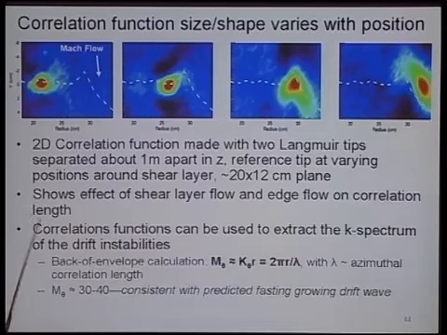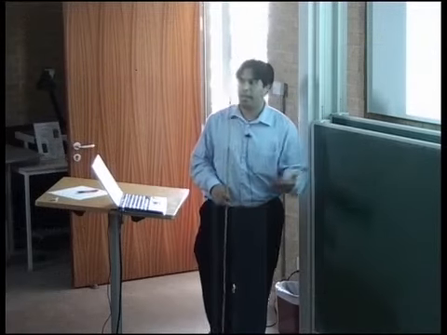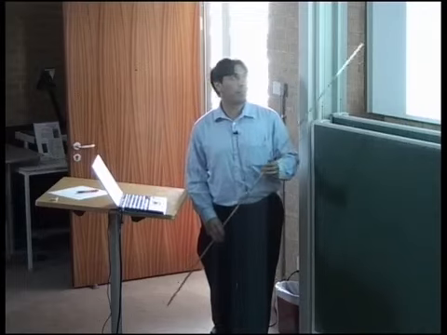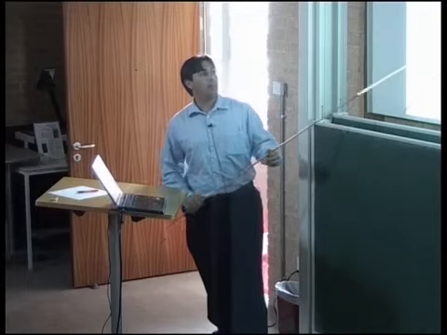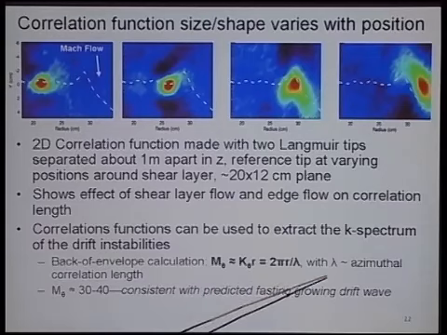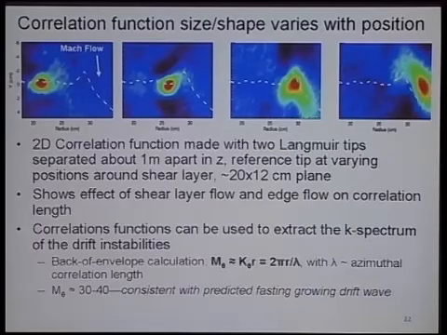Now, as I mentioned, we can, as a back of the envelope calculation, extract a K number for these fluctuations, and then convert that into an M number based on the radius. Just using the very rough estimate that the wavelength of the fluctuations is going to be on the order of the azimuthal correlation length.